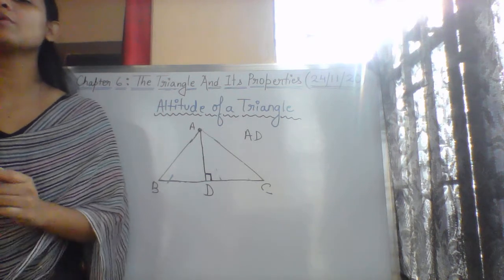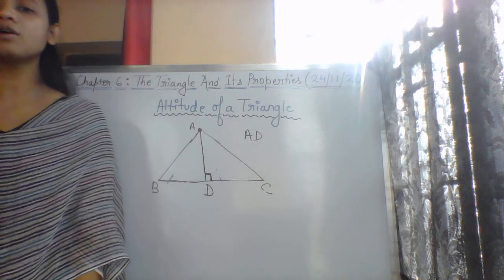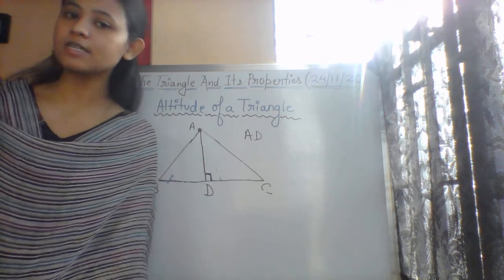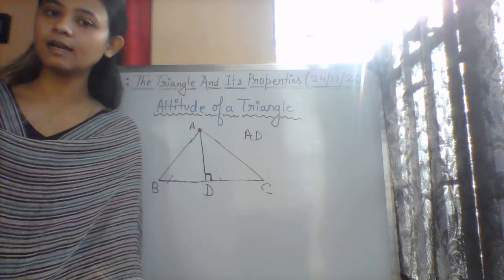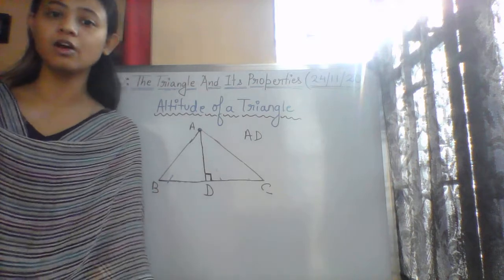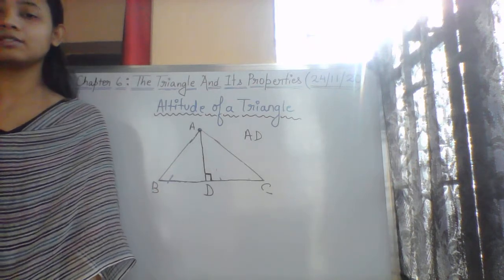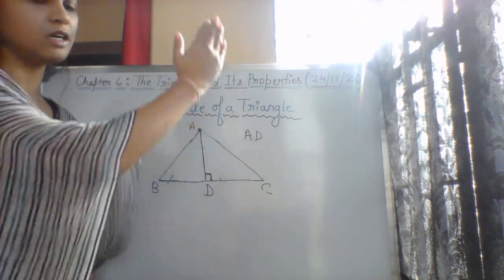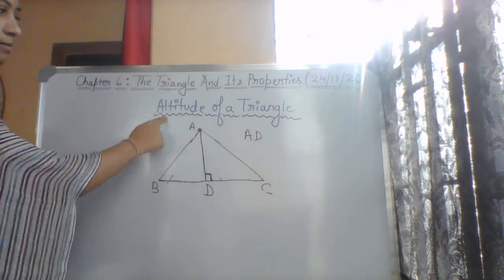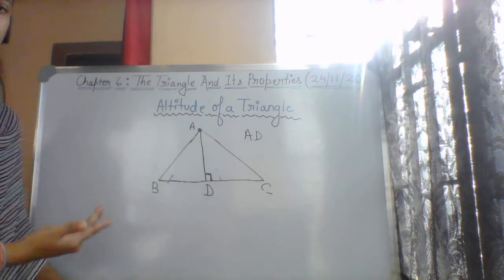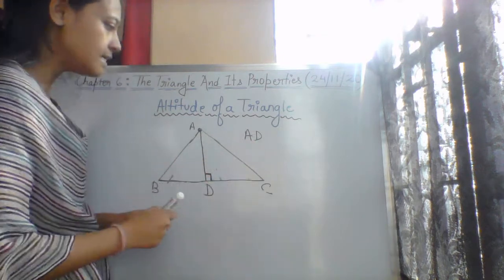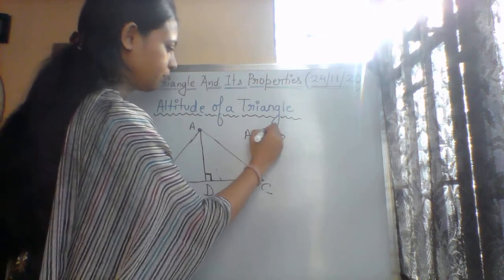When you are going to measure the height, stand straight, because you are going to measure the vertical. You cannot stand in a slanting manner. You always have to stand straight. So height means you always measure vertically. Height means altitude, it is another name for that. So AD is our altitude here.